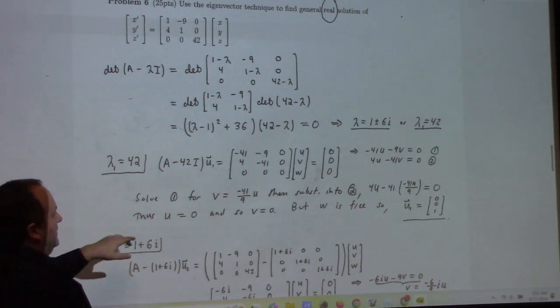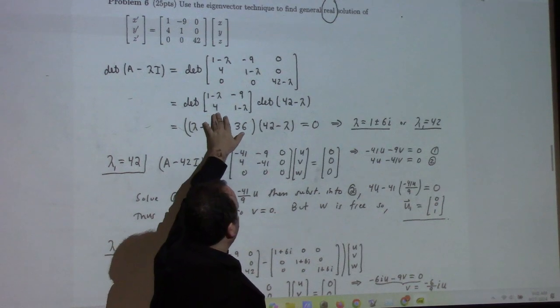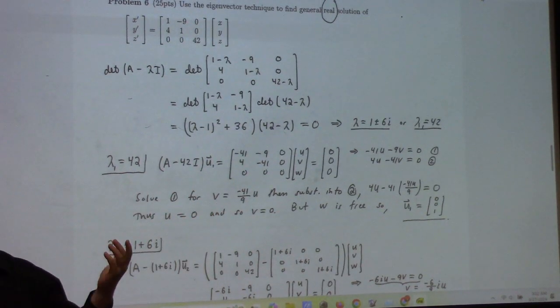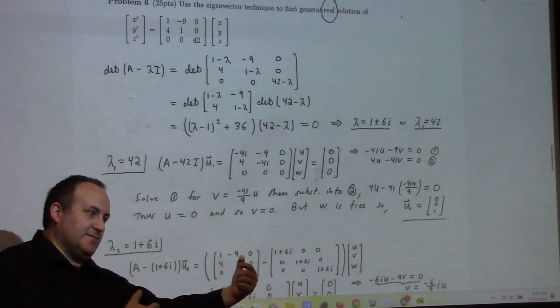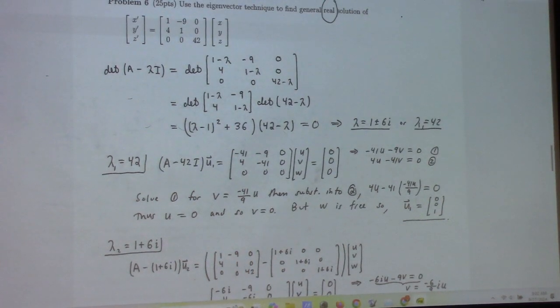So for you guys, when you did the expansion, you should have noticed that you've got a 42 minus lambda on 2 terms, which means you shouldn't multiply it out. You don't just mechanically multiply stuff out. When you're factoring, if you have a common factor on 2 terms, you pull it out. You don't multiply through. That's just factoring.